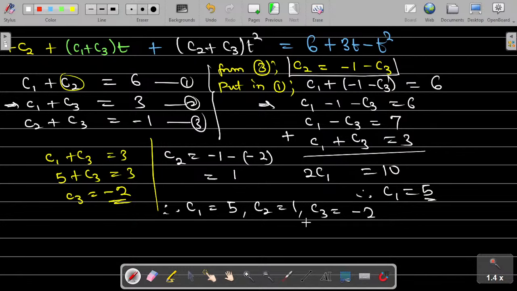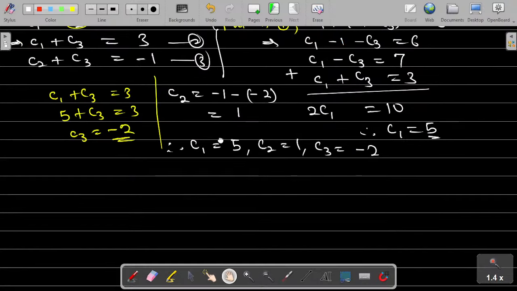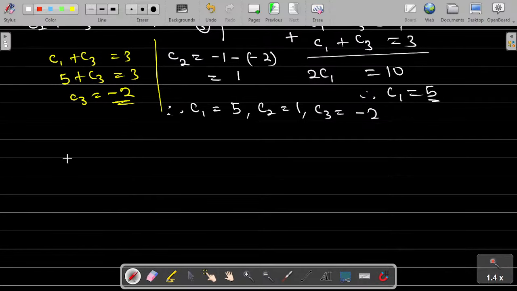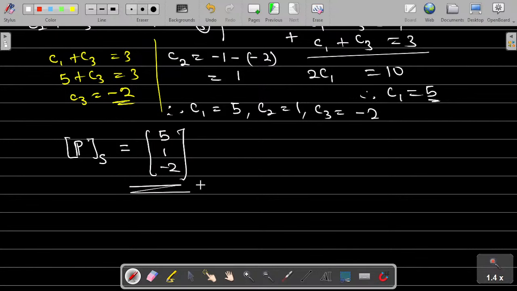Okay, and so what that means is that the coordinate vector of matrix P that you are looking for under basis S is going to be equal to, put all those values in a column vector starting from c1 and then c2 and then c3, and this is your solution. So that is the value for the coordinate, that's for question C.